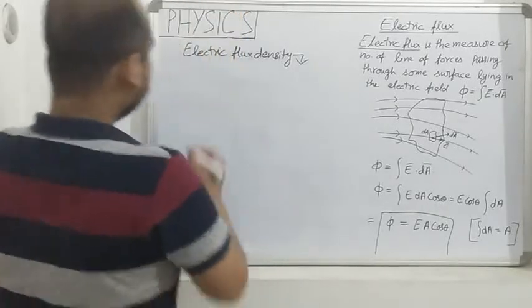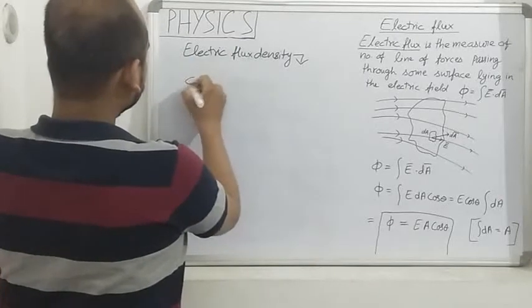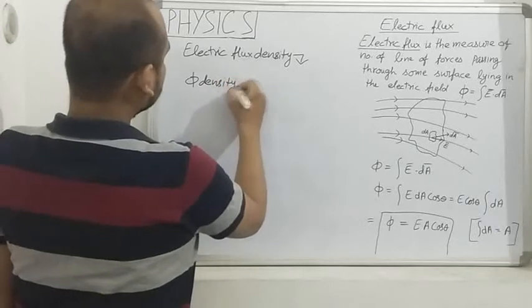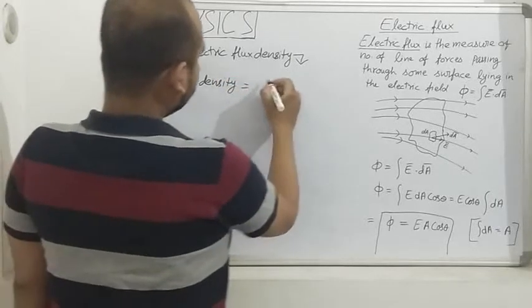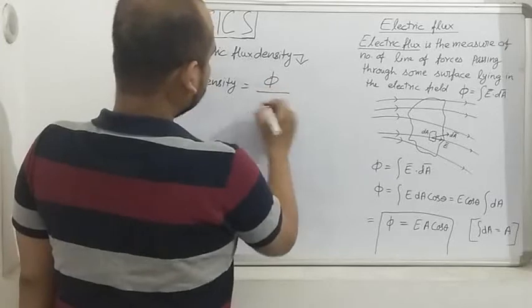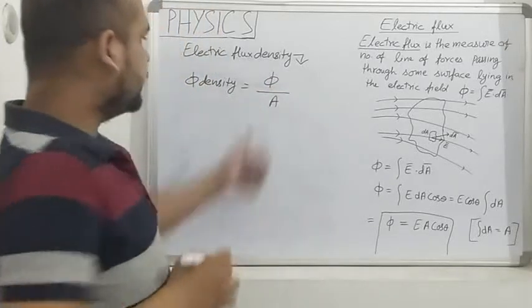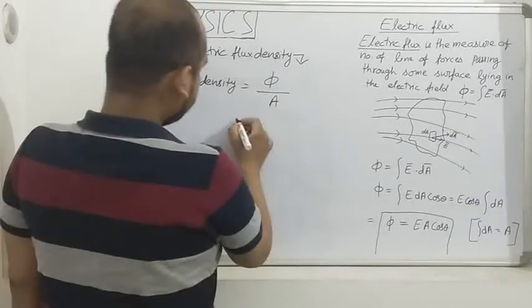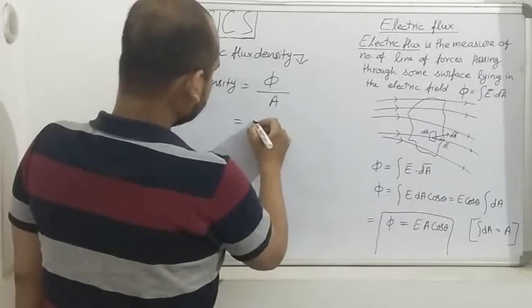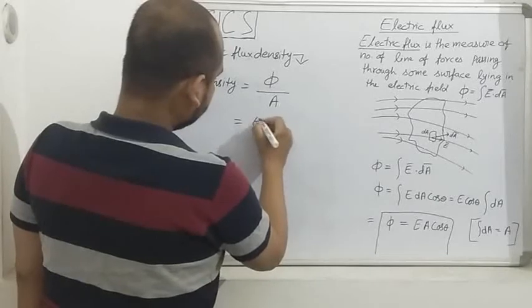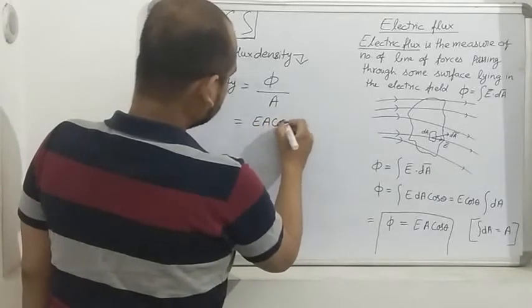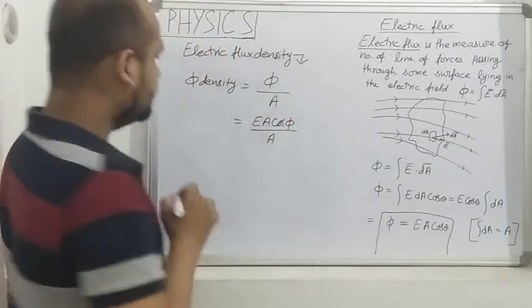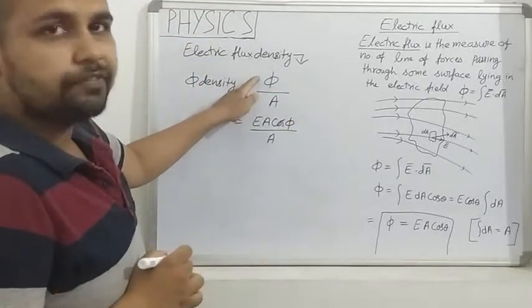Okay, which can be further written as EA cos theta upon A. Because we know electric flux is equal to what?